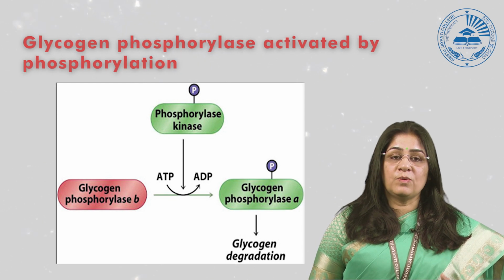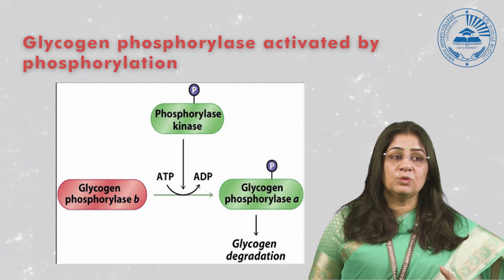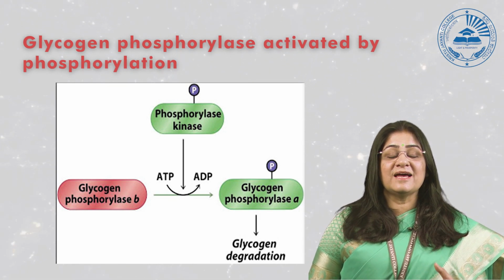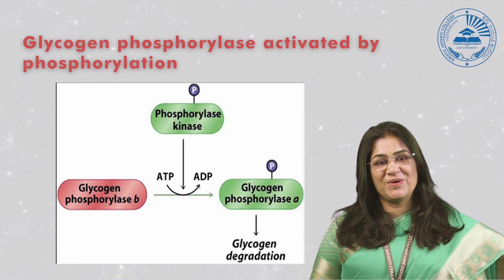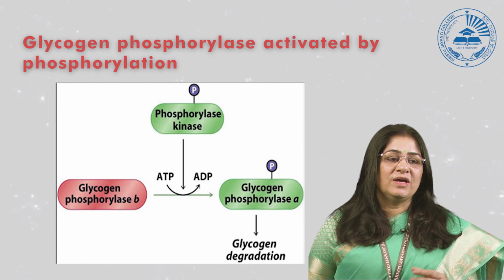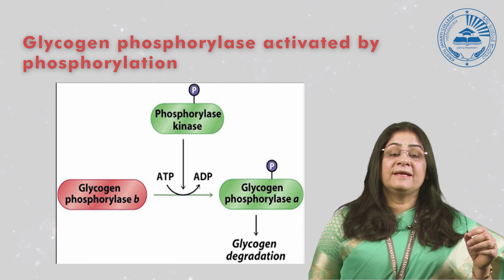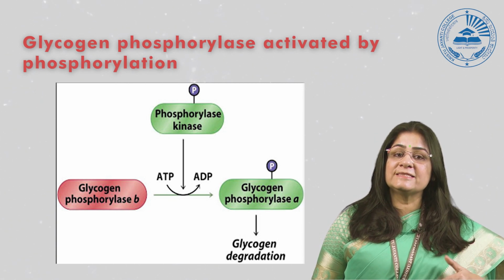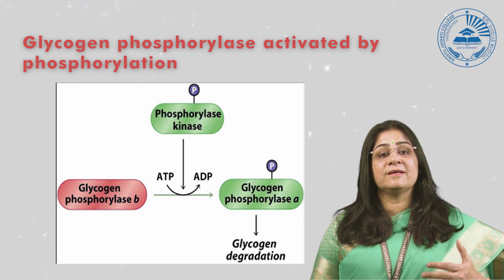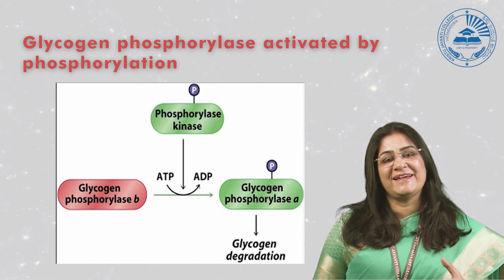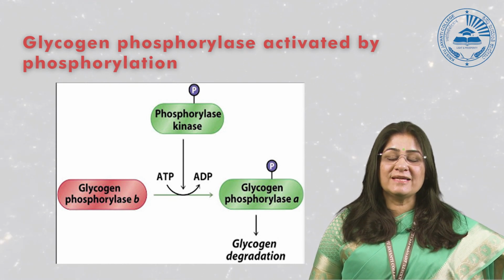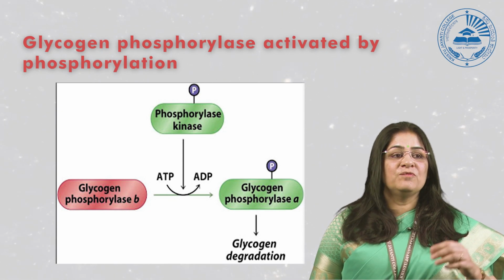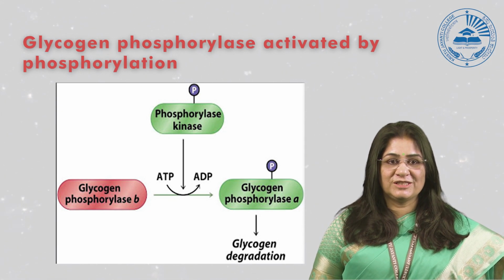When I require energy, when I require glucose, there is another enzyme which is controlling this enzyme. This is where it is very important to understand. Glycogen phosphorylase itself is regulated by another enzyme, phosphorylase kinase. Phosphorylase kinase is another enzyme which becomes active on phosphorylation.